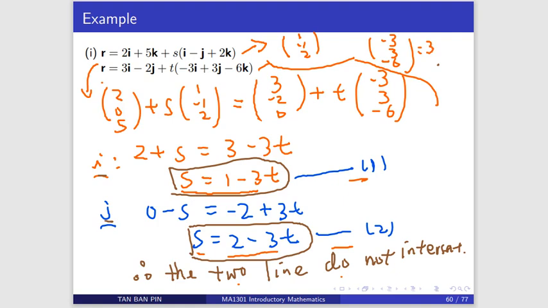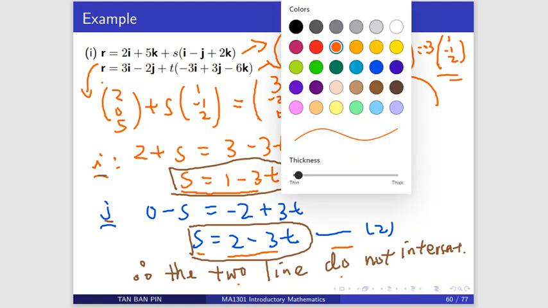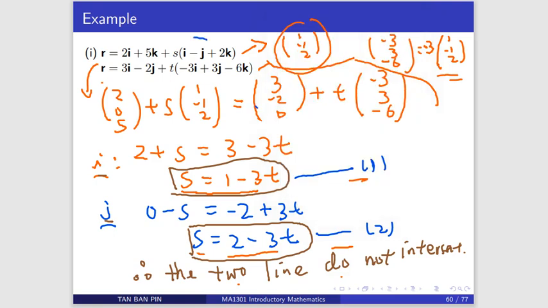If you take out a minus 3, it will give you (1, -1, 2). So you'll find that the two direction vectors are parallel. So in this case, you actually get parallel lines.